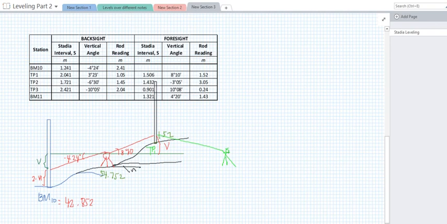Then the other one is negative again, from the frontal angle, we go down 3.05.